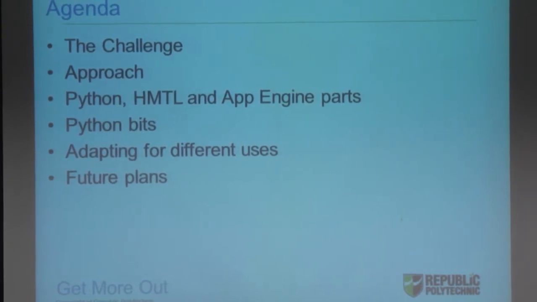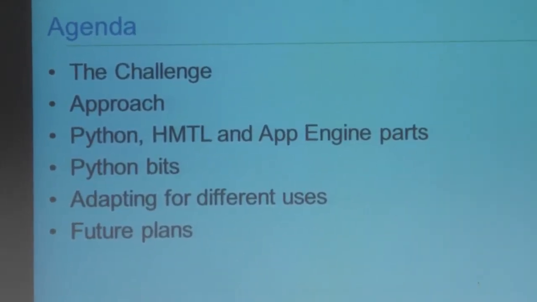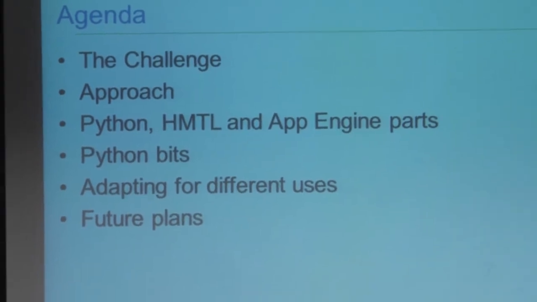Okay, what is the problem that was given to me? And the approach that I use, which are the Python bits, which are the HTML bits, and which are the App Engine parts. I will focus a bit more on the Python bits here, and how I have adapted it for different users, be it for pictures, be it for doing similar websites but taking in slightly different inputs.